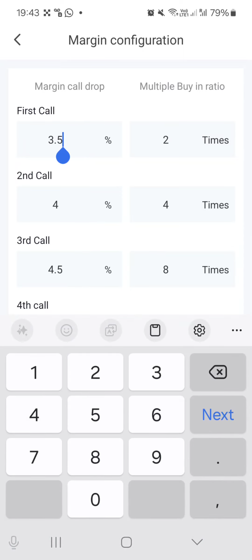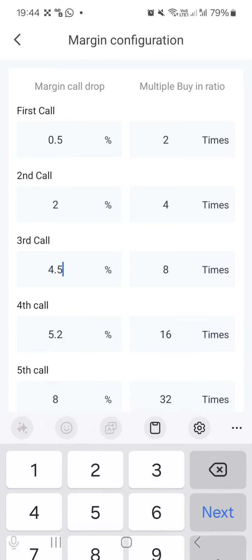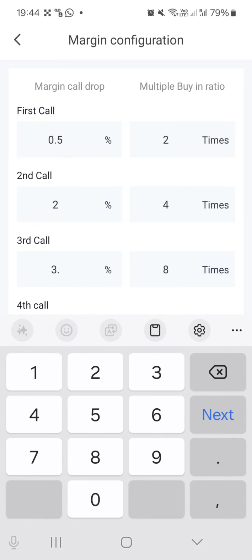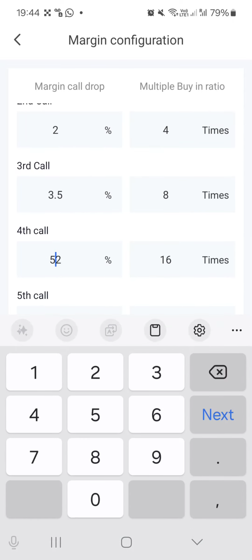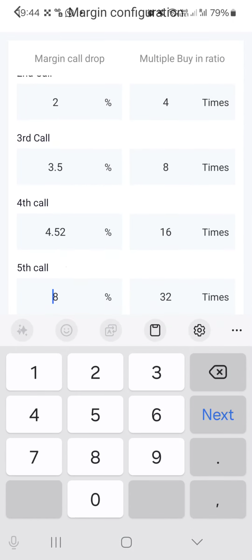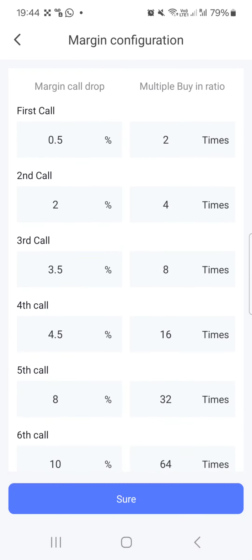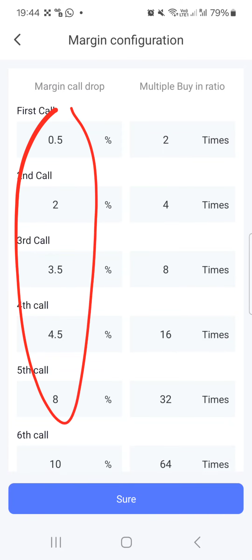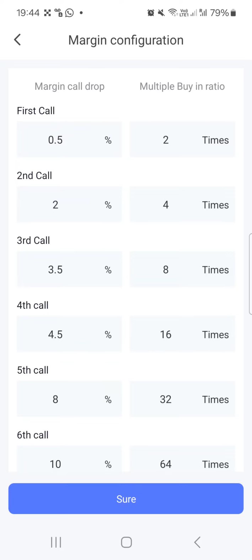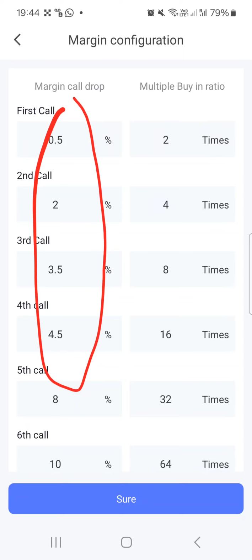Instead of 3.5, you put it at 0.5. Instead of 0.5, you could put this at 2, and you can put this at 3.5, and you can leave this at 4.5. What are we saying here? We're saying that when the price drops by this percentage, you want the robot to buy. It will put your money in the market.